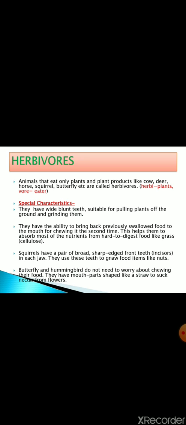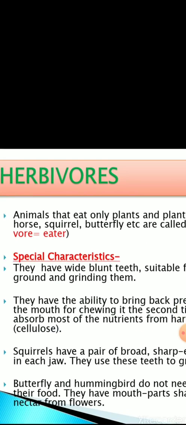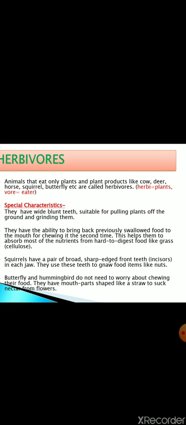And you know why? Because in grass or in plants there is a very hard substance, the cell wall, which gives strength or rigidity to the plant. This cell wall contains cellulose. This cellulose is a very important part which is present in all plants.